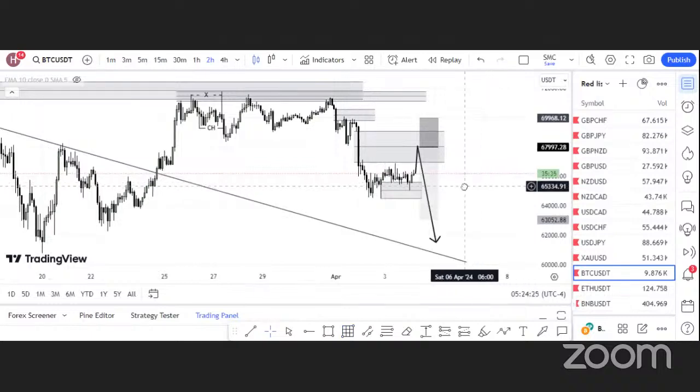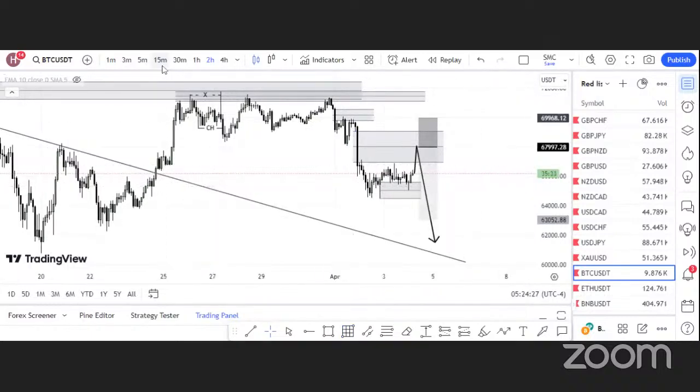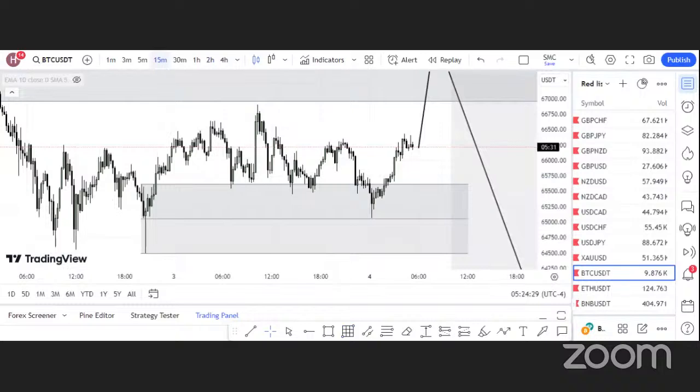Okay, so let's go to the lower time frame. Let's see if we can get an opportunity to buy this market, since we already know that it's going towards the fair value gap we have above.